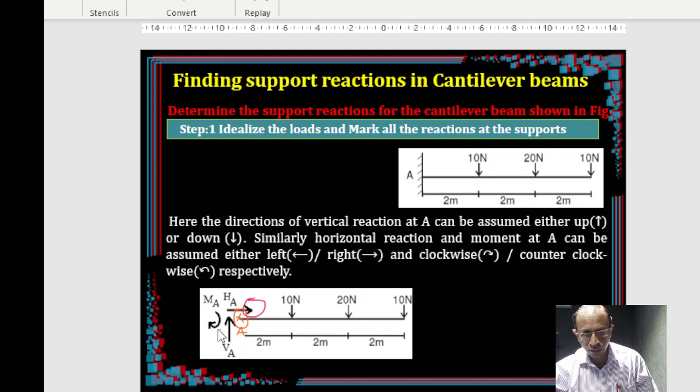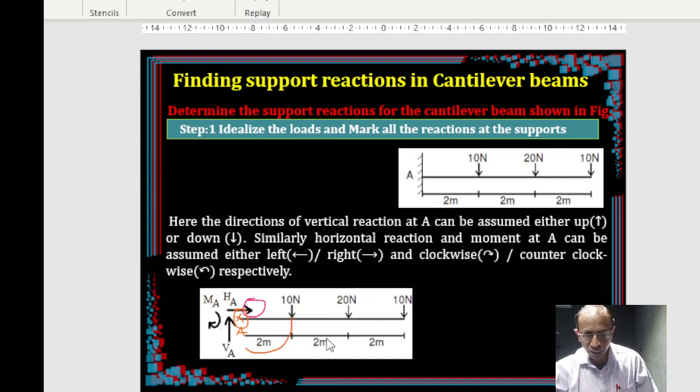Whereas, what about this? Is it clockwise or anti-clockwise? Sorry, the direction we have written here is a clockwise direction, right? You look at it, clockwise direction, and these are also clockwise, right? 10, 20 towards A, you have to check it.